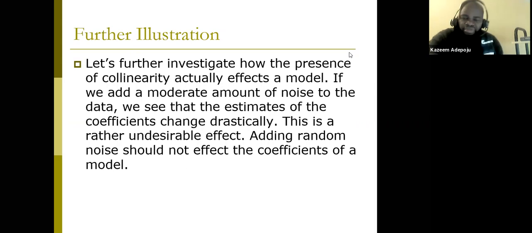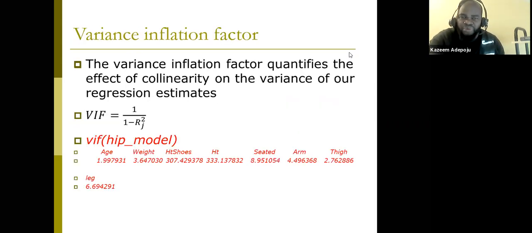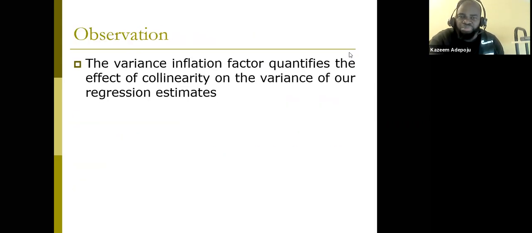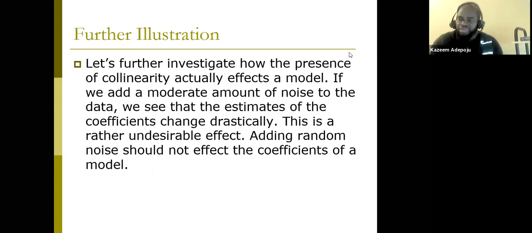In the example I was using before about the shoe age, if we want to investigate how the presence of collinearity affects a model, we add a moderate amount of noise to the data. We don't expect that to change anything, because noise is not something that should be significant.